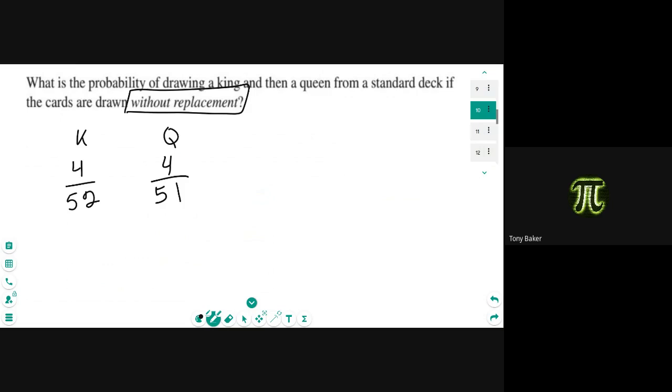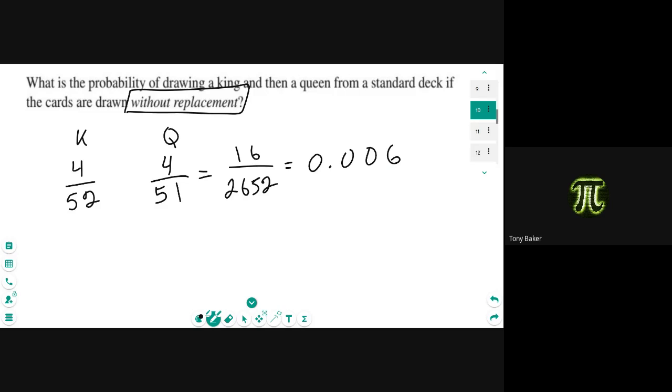So in this case, when I multiply these together, I get 16 over 2,652. Did you divide that real quick for me? Okay.